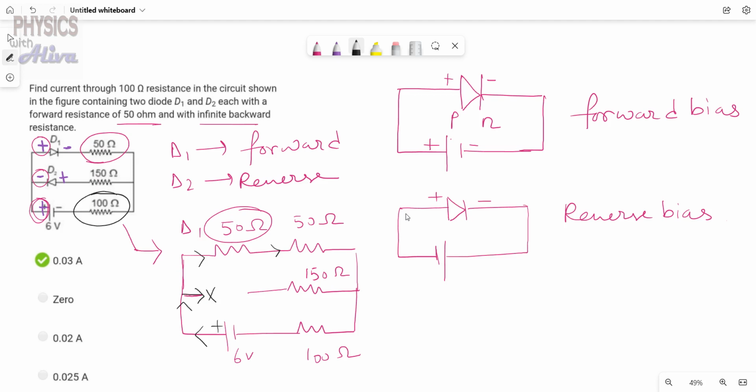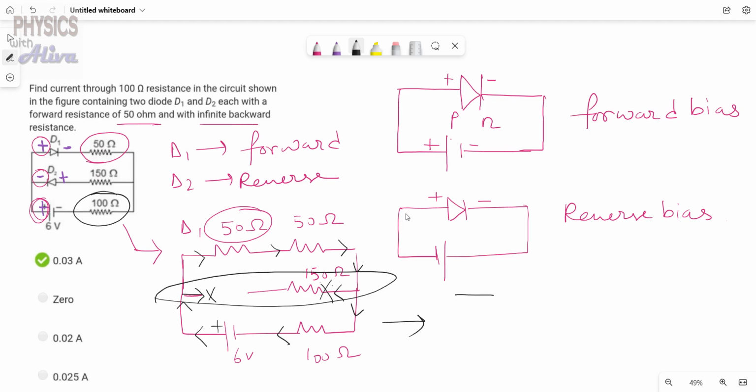It always tries to go through the path where there are fewer obstructions, right? So it will choose the easy path. It will not follow this path where the resistance is infinite. Resistance means obstruction. So it will follow this path, not this path. So current is flowing in this way. Again the current will not flow in this way because infinite resistance is there. The circuit is disconnected. The current is following this circuit. So actually this path is not followed by the current.